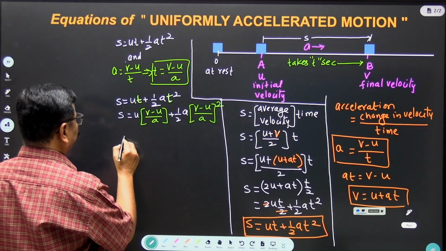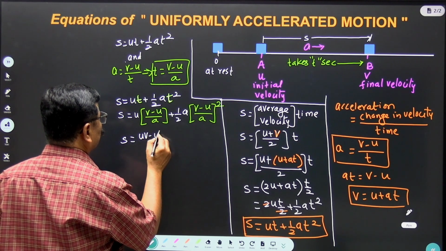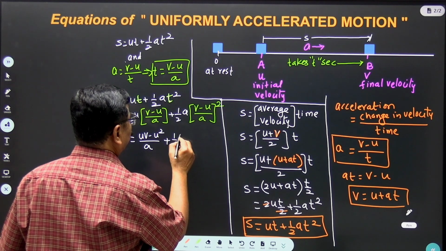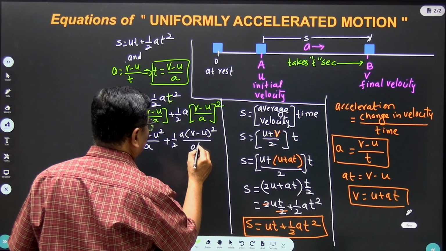So now let's simplify this. S is equal to, open this bracket, u into v minus u square upon a plus half a into v minus u the whole square upon a square.